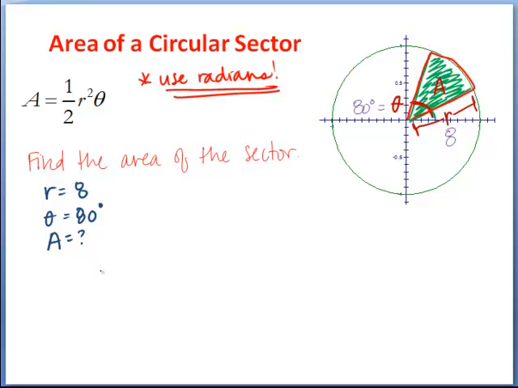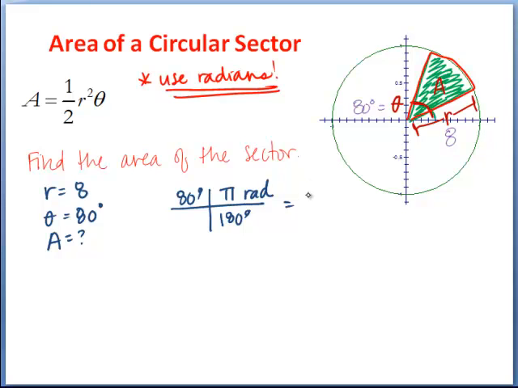So, first thing we want to do is we can't use 80 degrees. We have to convert 80 degrees to radians. So if we take 80 degrees, since we're converting degrees to radians, we multiply by pi radians in the numerator and 180 degrees in the denominator.